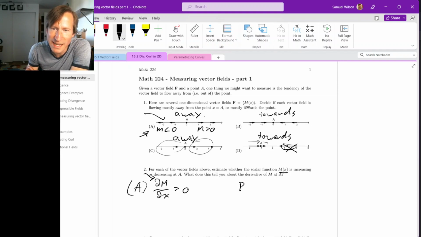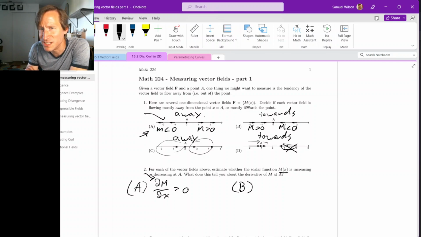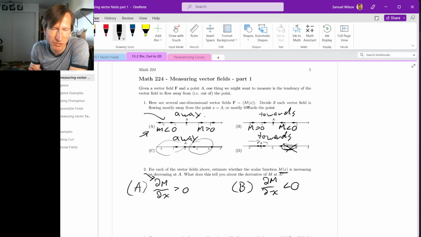Okay, so let's look at example B and think about the derivative. Well, now m is positive to the left and negative to the right, and so m is actually decreasing as we move rightwards, so partial m partial x must be negative, right, because m is decreasing.